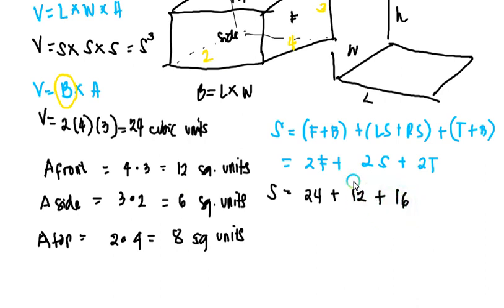This is 28 plus 24, that is 52 square units. Okay, that is how we solve our surface area. So the surface area of this rectangular solid is 52 square units.